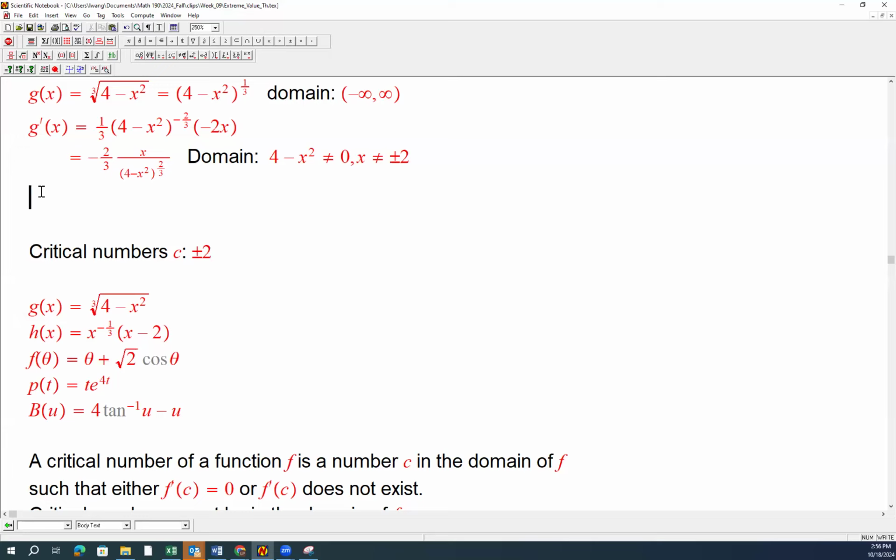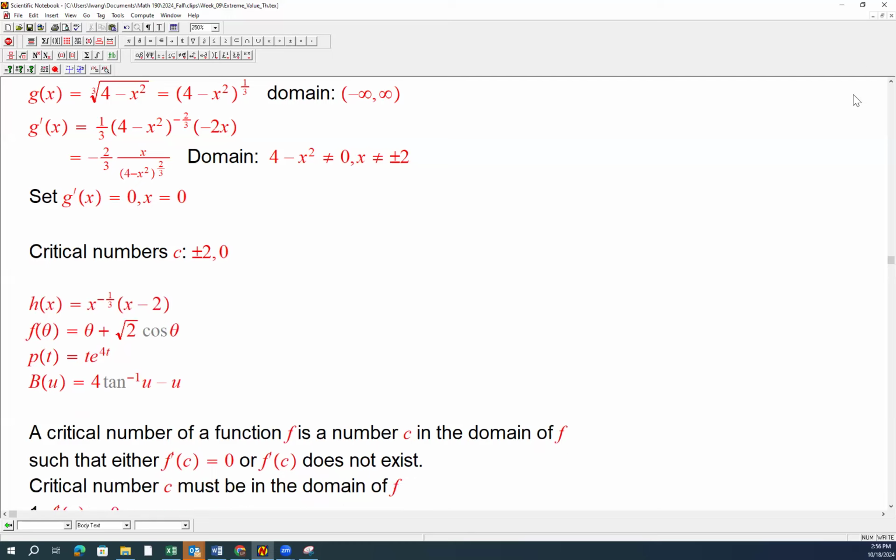And we have an additional critical number. If we set the derivative equal to 0, we get another one, right? The denominator cannot be 0, so x has to be 0. So we have 3 critical numbers. All right.